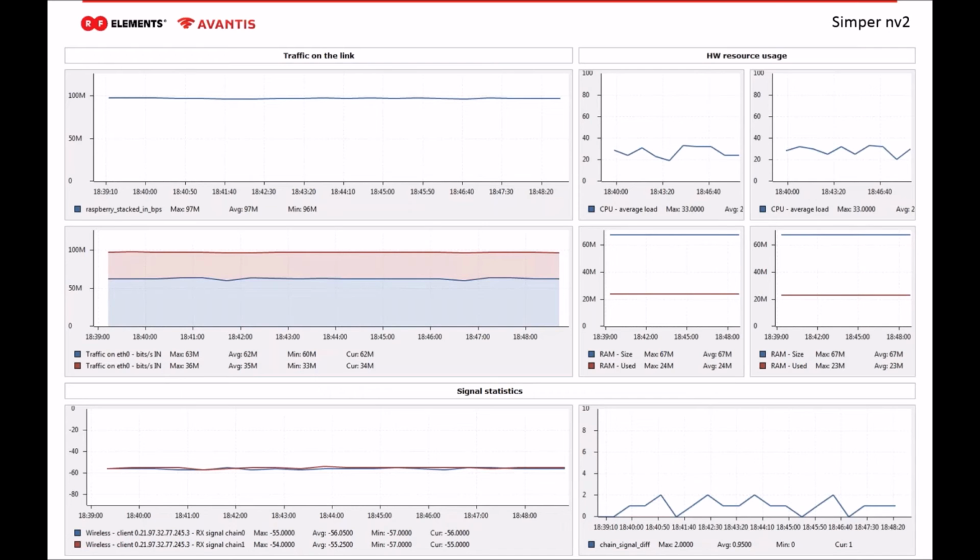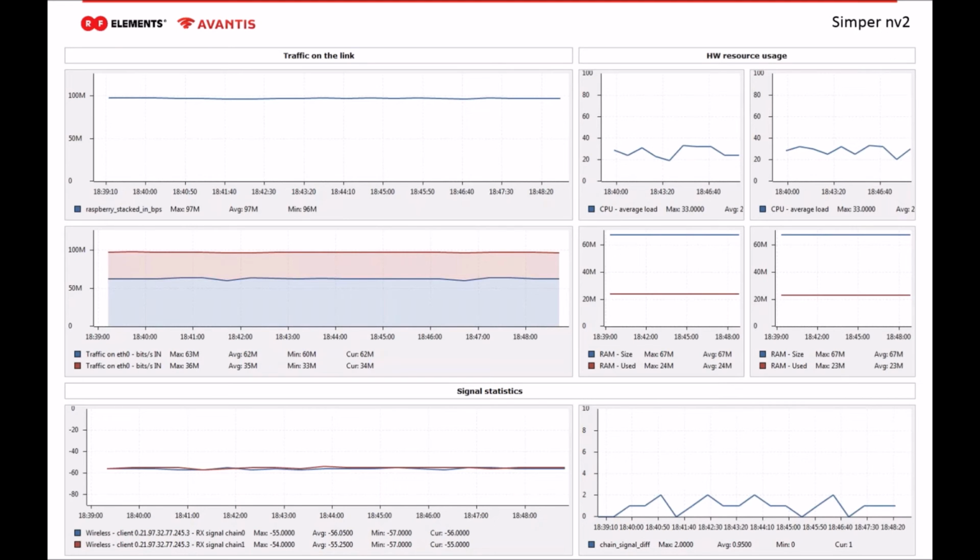One important thing I would like to mention is the graph in the left down corner. You can see here two lines, one red and another blue, and this is the signal level on each chain of the radio. Here you can see that the chains are very similar, so there isn't any imbalance between the horizontal and vertical chain. This is very important for a MIMO deployment.